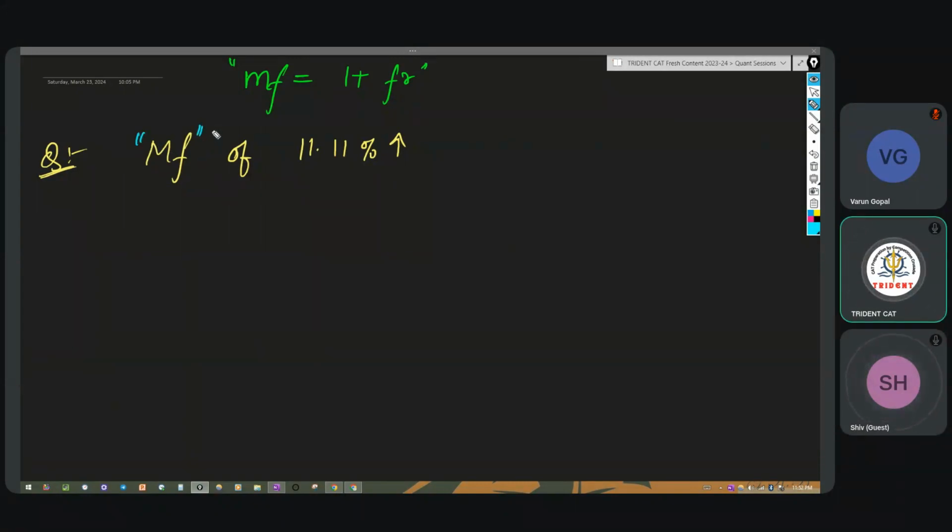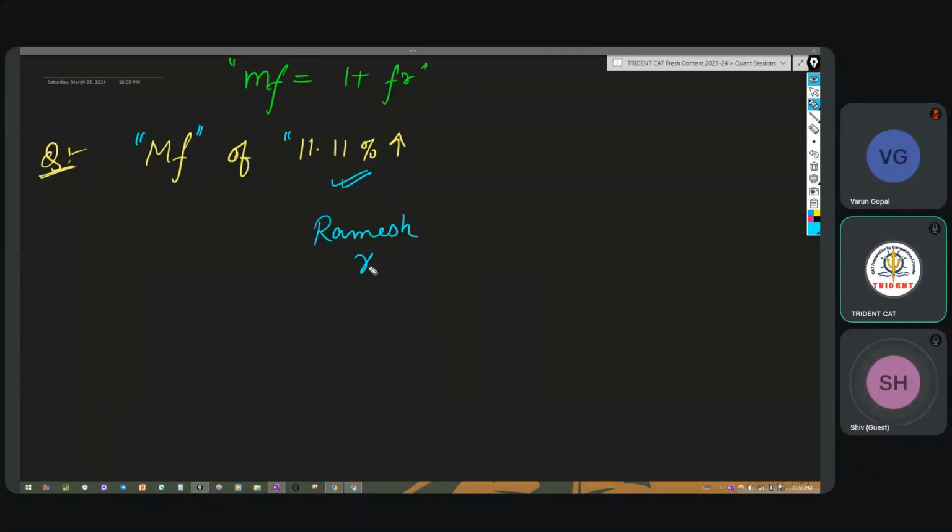So the idea is that what I was telling you is that the multiplying factor has nothing related to the factor itself. But the relevance is always in increment and decrement. So when I say increment of 11.11%, some quantity, any quantity, say, the salary of, let's say, Ramesh.